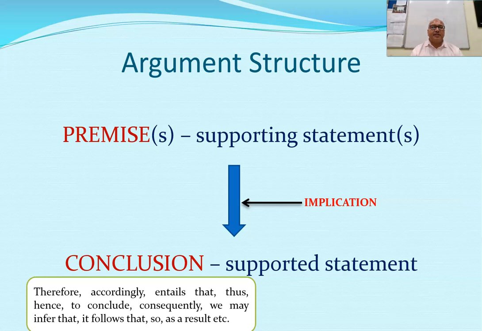And sometimes it happens that we don't see these expressions in the group of statements. So shall we say that this group of statements is not an argument at all? No. We can go for further exploration. Without a conclusion marker, how can a group of statements be called an argument?